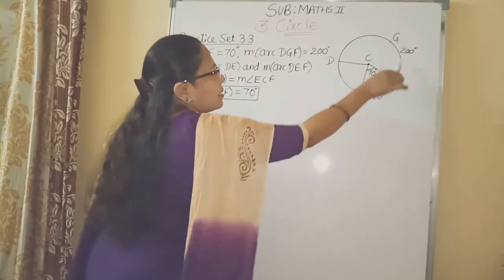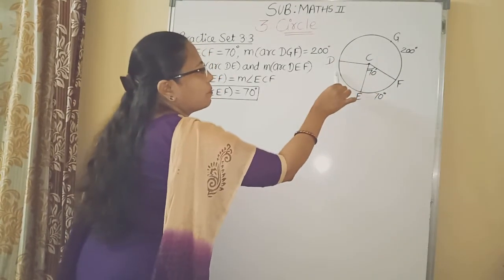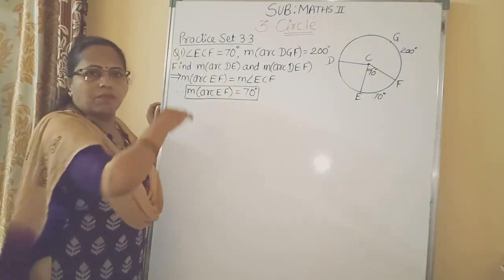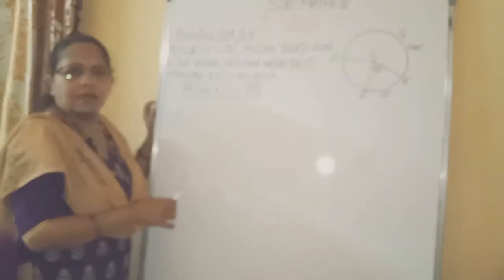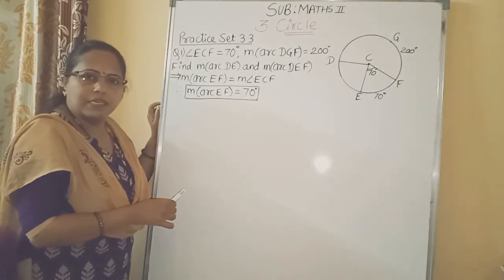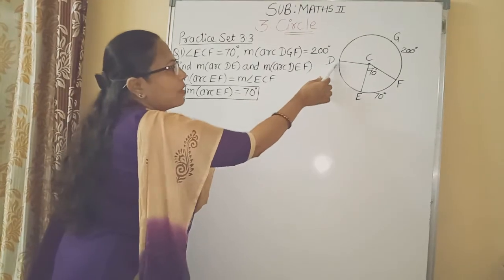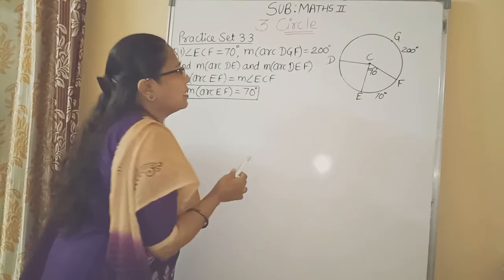If you add the measure of these three arcs, we will get the measure of one complete circle, which is equal to 360 degree. Followed? So using that concept, we will find out measure of arc DE.